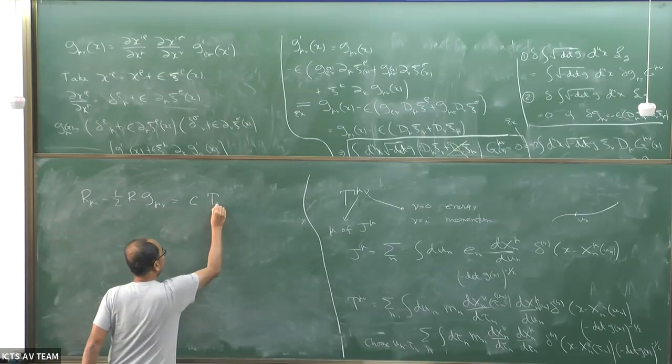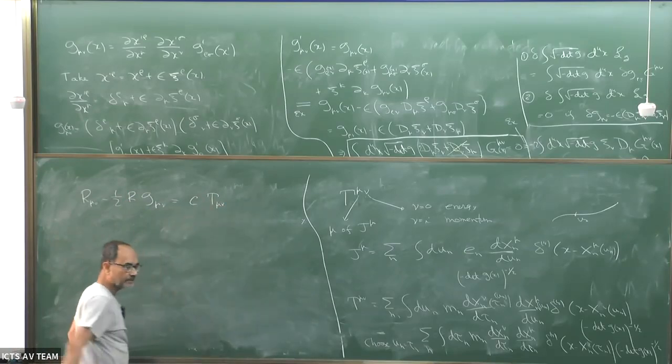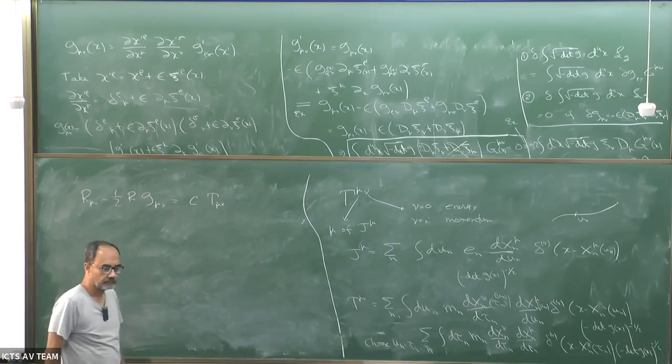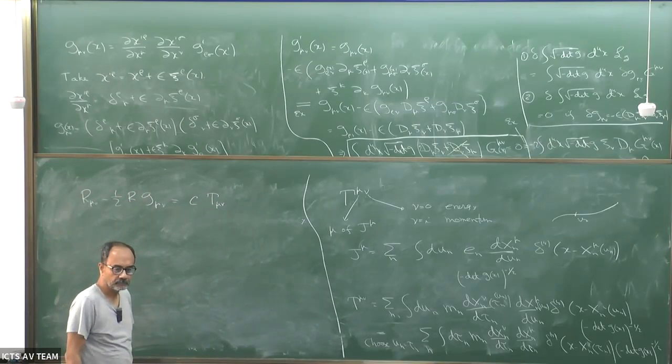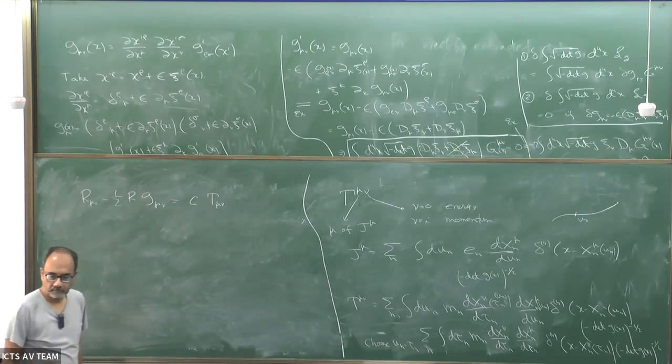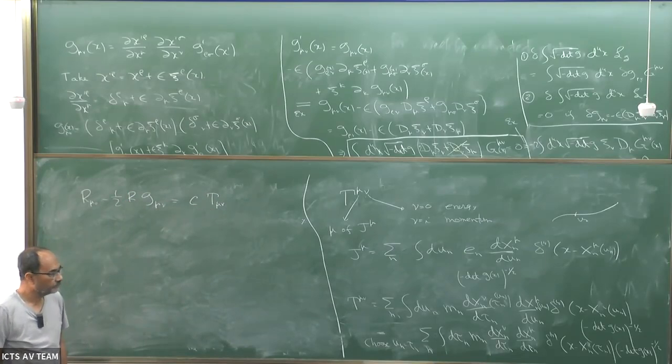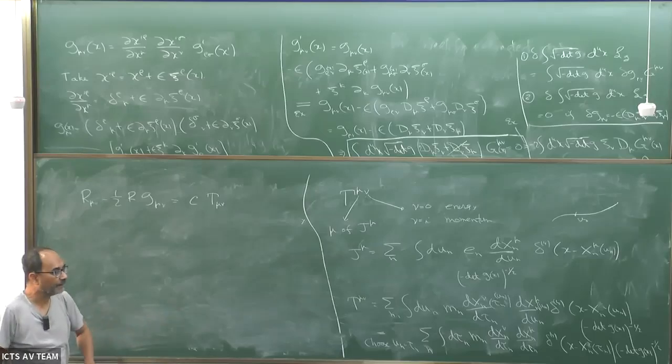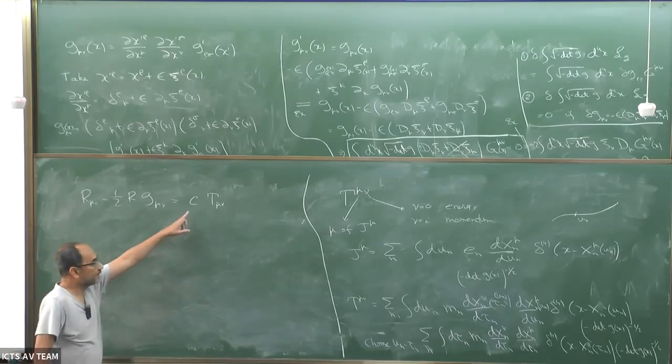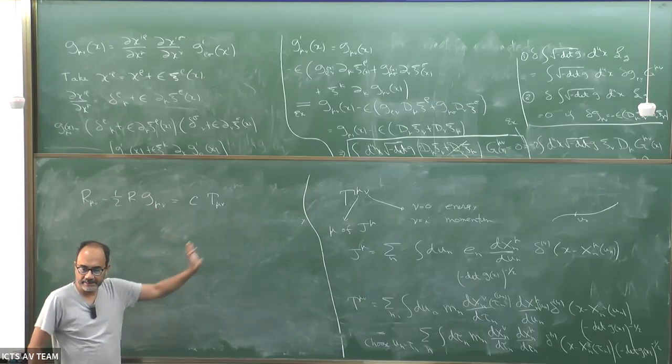I'll just write it like this; you can always raise and lower indices by the metric, so it doesn't matter whether you put it up or down. Generally, if we have other fields, they would also have to be included, and we'll see that in a minute. But let me just say right now that C is a constant. At this stage, C is not determined.